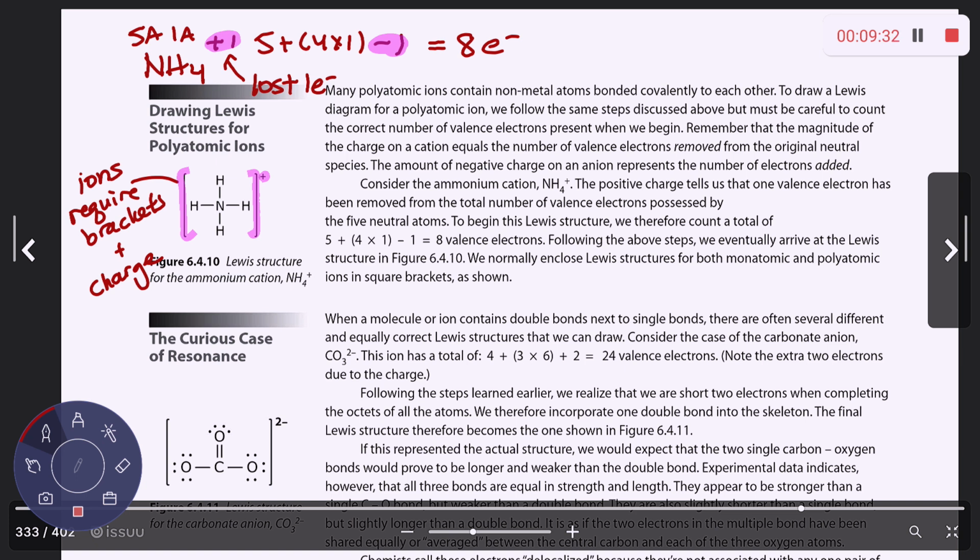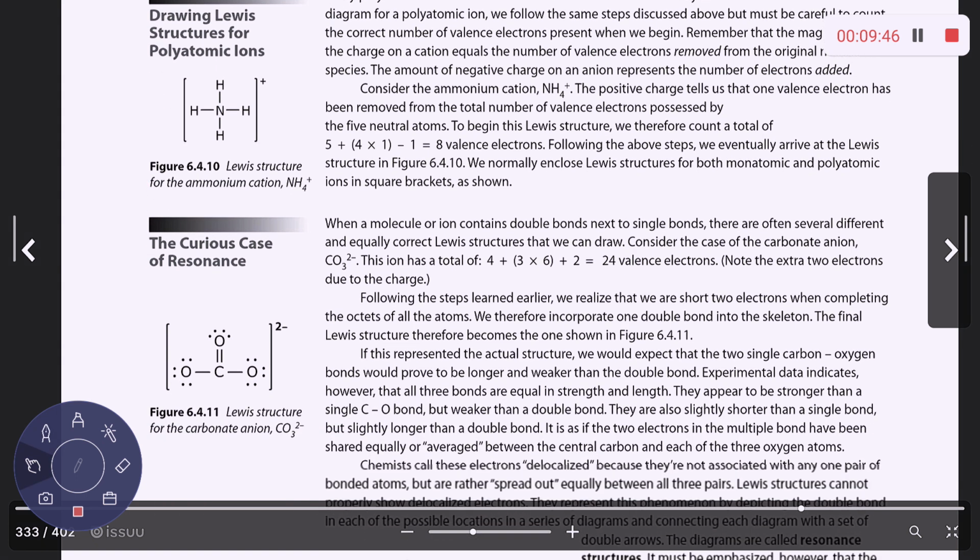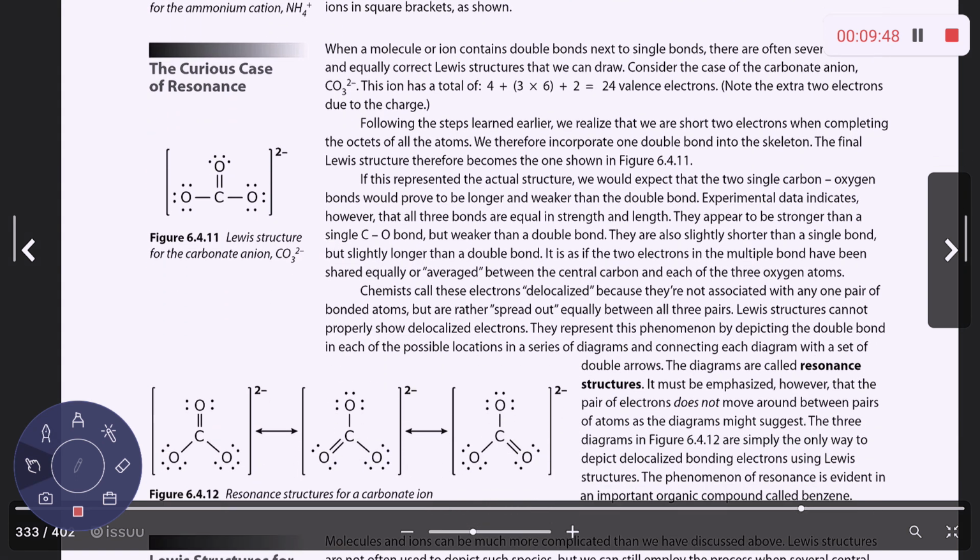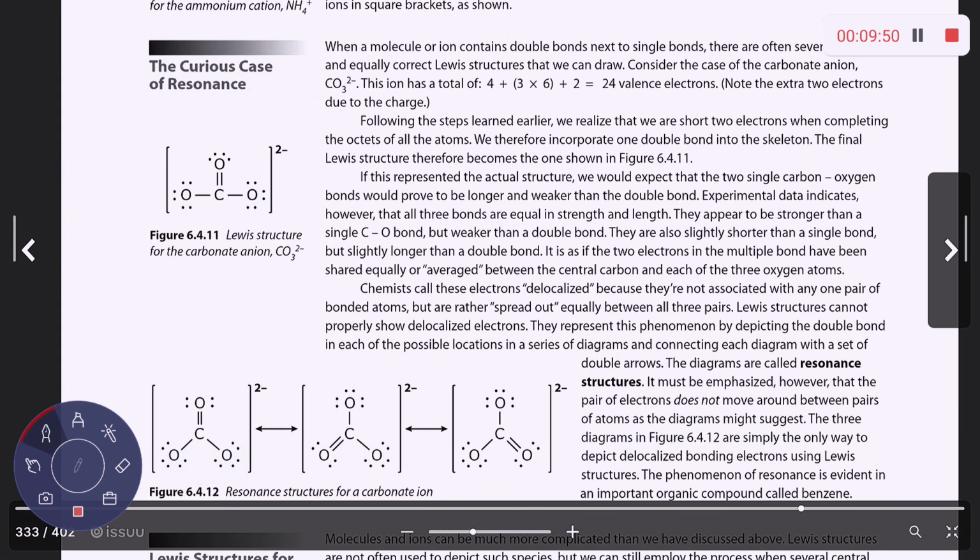And then lastly, let's talk about resonance. Sometimes you're going to be able to put a double bond in more than one location that looks identical to another one. This often happens with oxygen. So here our example is the carbonate ion. The Lewis structure for carbonate looks something like this. Notice that we've got 3 oxygens.